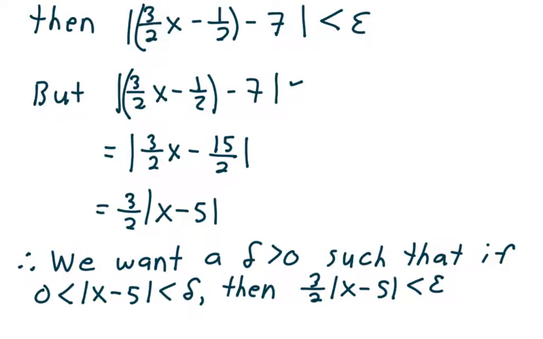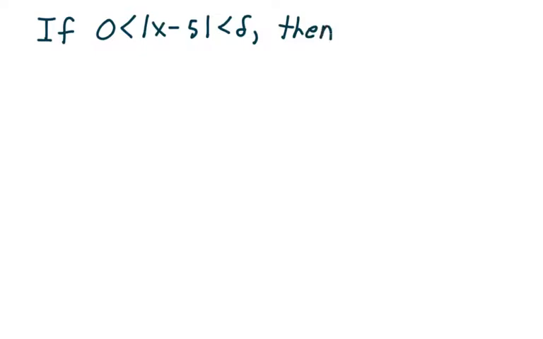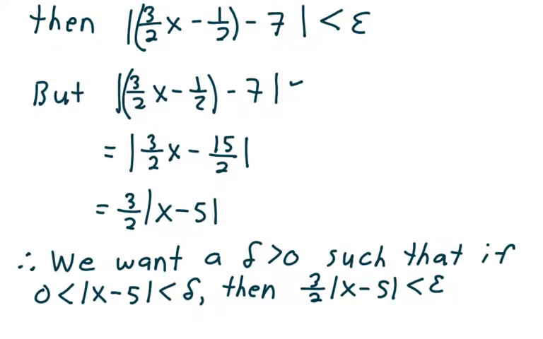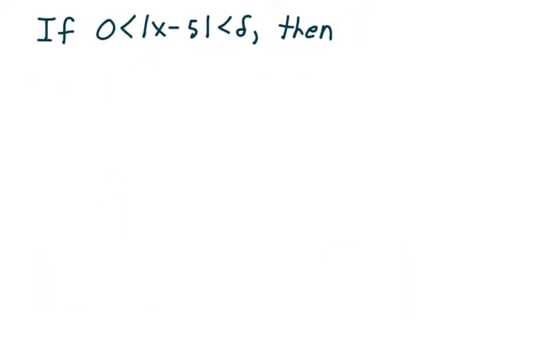Now, in other words, if 0 is less than the absolute value of x minus 5, which is less than delta, then what I'm going to do is multiply both sides by 2/3. And so that says that x minus 5 in absolute value is less than 2/3 epsilon.